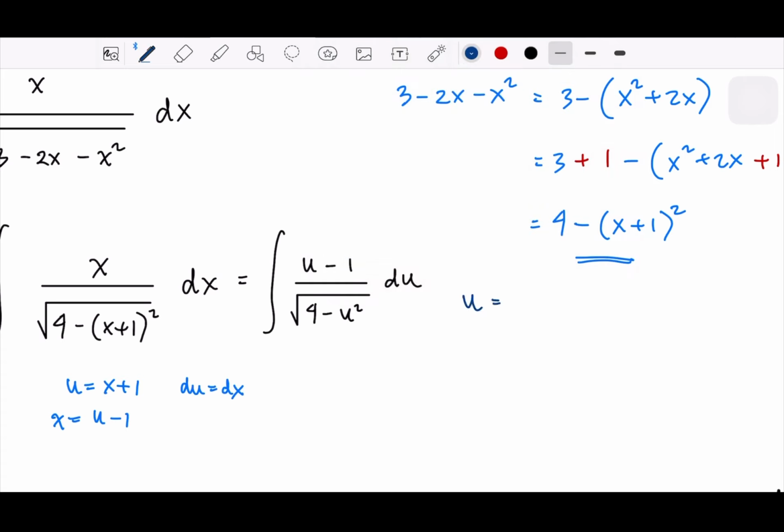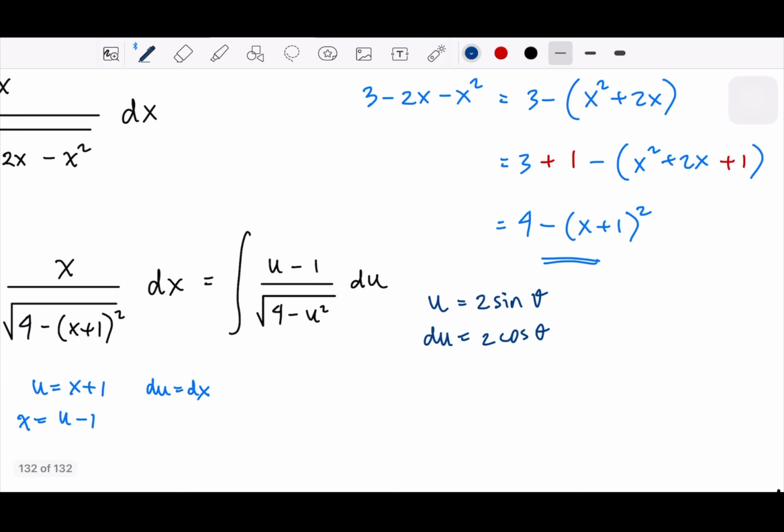If we take u as 2 sine theta, because of the constant 4, then du is 2 cosine theta d theta, and this part becomes 4 minus 4 sine squared, which goes to 4 cosine squared, and taking the square root becomes 2 cosine theta.